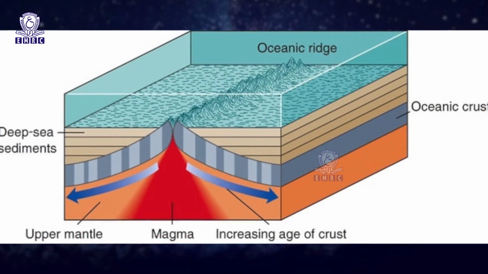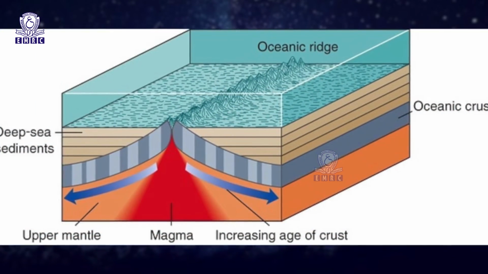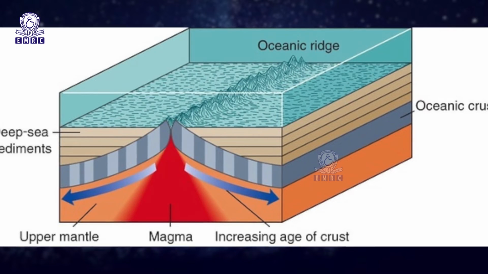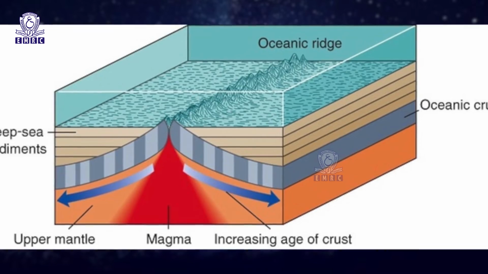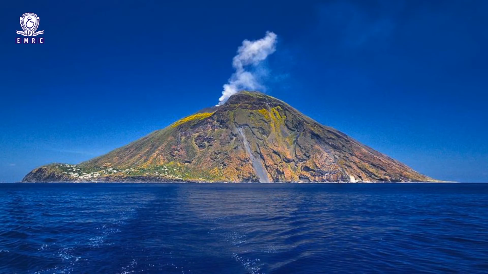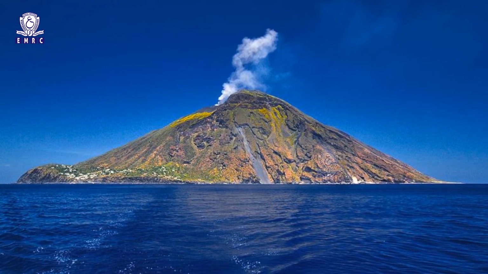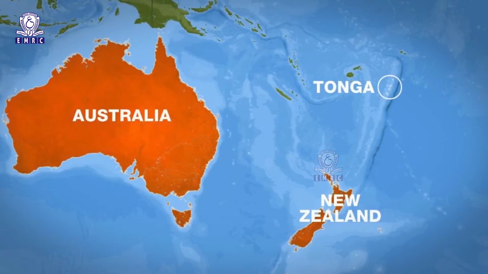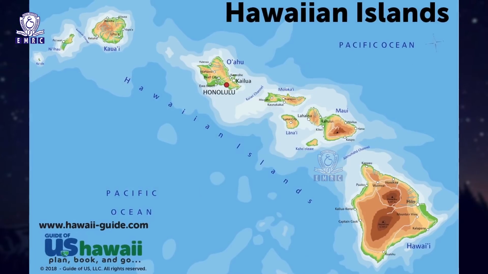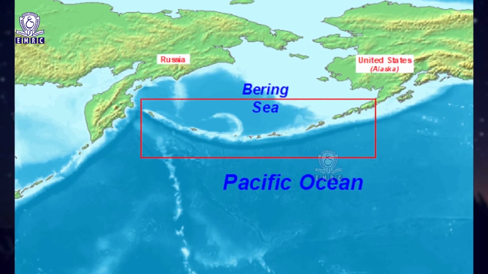When one oceanic plate plunges below the other, it results in the formation of deep trenches in the oceans and also the formation of volcanic islands and island arcs such as Tonga, Hawaiian and Aleutian Islands.